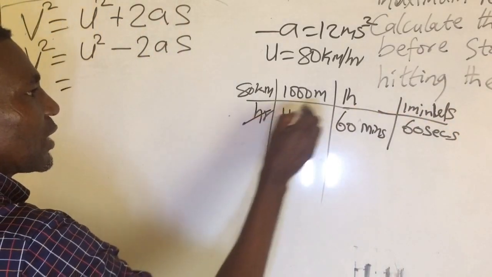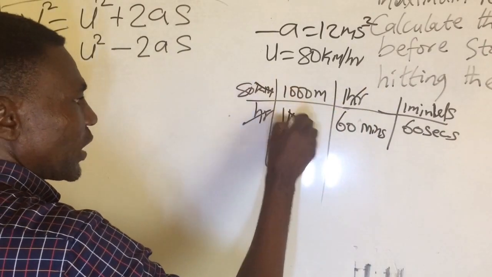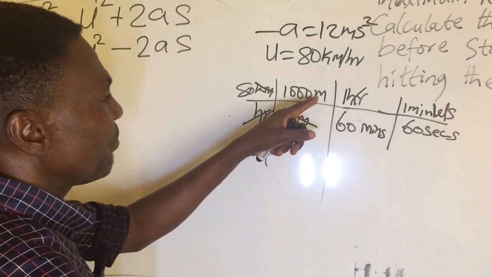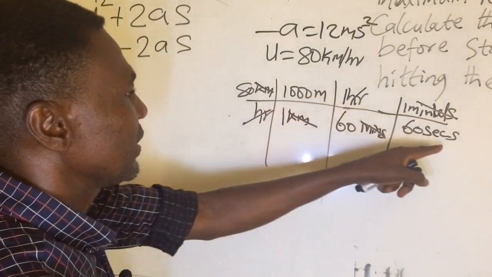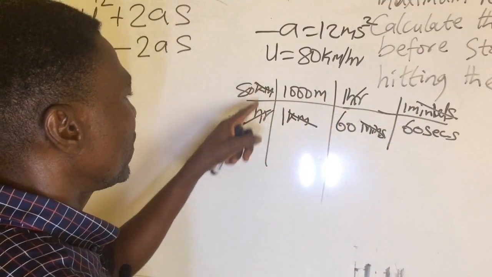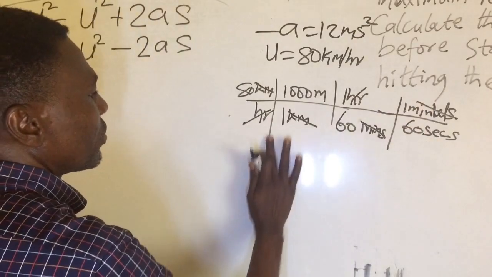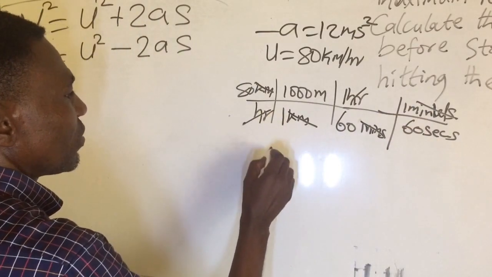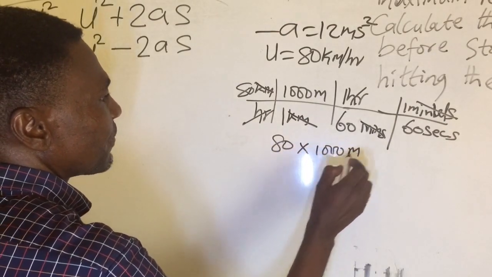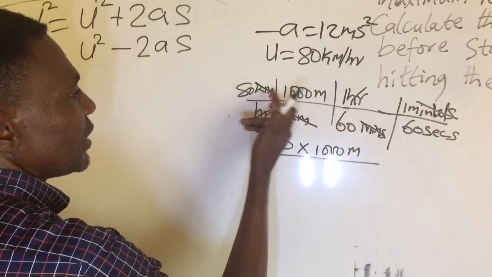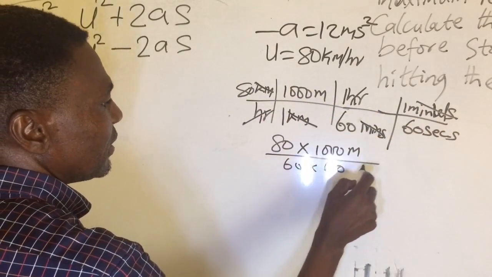So hour cancels hour, kilometer cancels kilometer, and it remains meters. Then minutes cancel minutes. It remains meters and seconds. All the other units are cancelled, remaining only second. Now multiply out: 80 times 1,000 meters, all over 60 times 60.